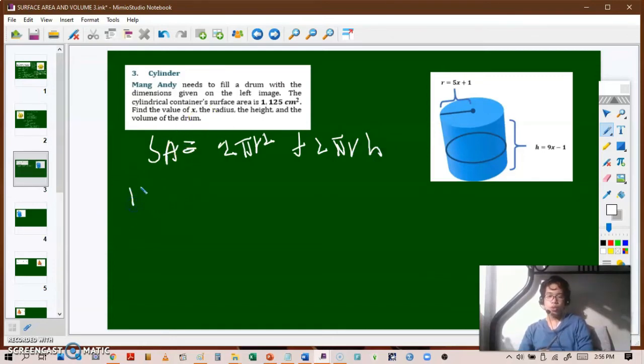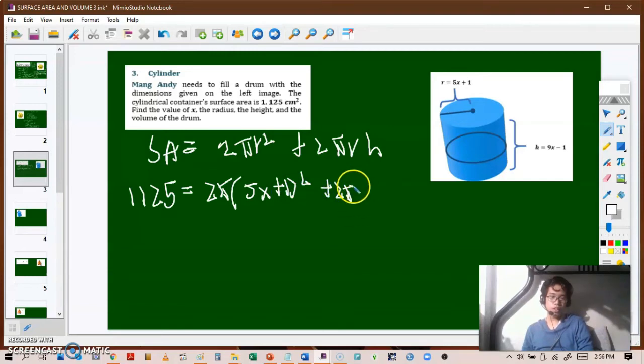So SA is equal to 1,125 is equal to 2 pi, and what's our r squared? r is equal to 5x plus 1, so we write 5x plus 1 squared, plus 2 pi, and then what's our r again? We multiply r, 5x plus 1, by h, which is 9x minus 1.